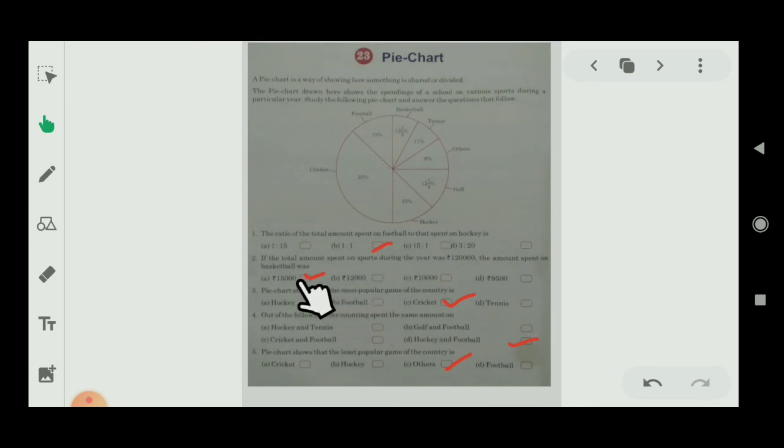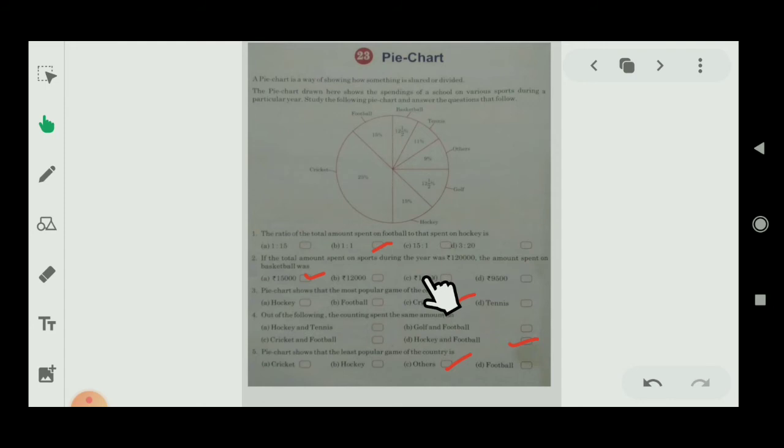Let's see the question number 2. If the total amount spent on the sport during the year is 1,20,000 rupees, the amount spent on basketball was... As we know, in the question the total amount spent on the sport is already given, that is 1,20,000 rupees, and we have to find out the amount spent on basketball.